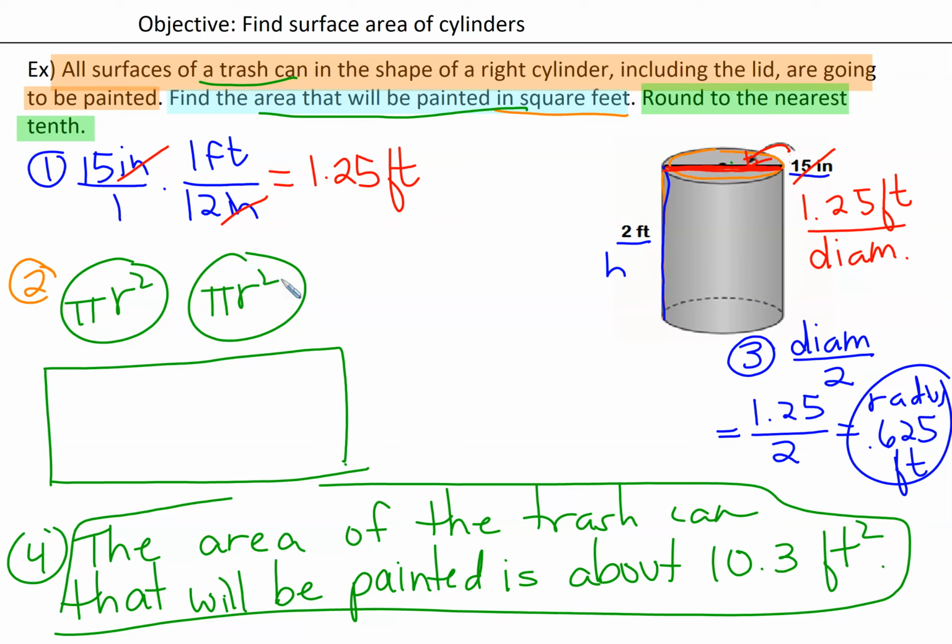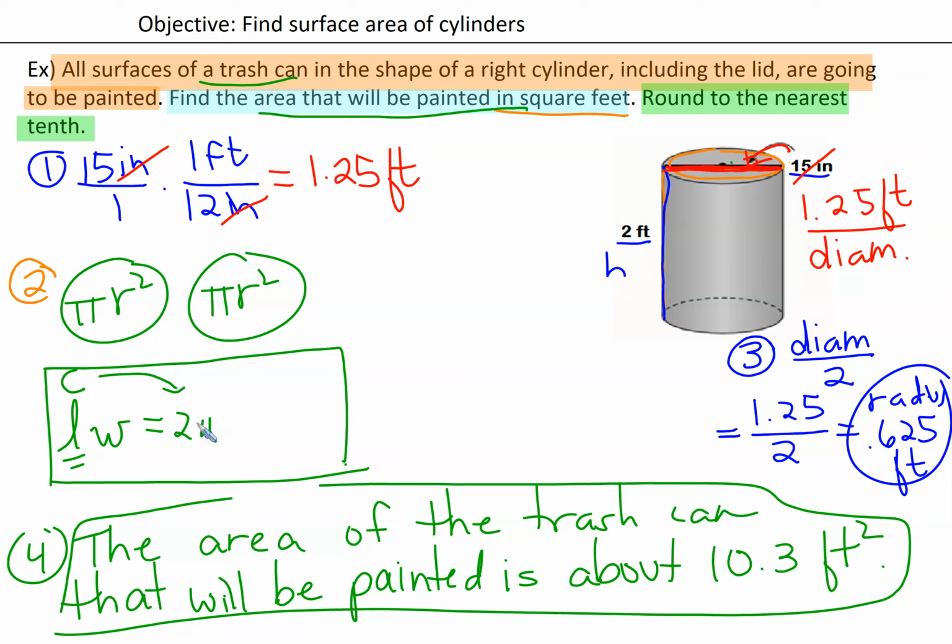And then for the rectangle, more specifically than length times width, you have to remember how that length, or if you call it the width, that's fine too, is calculated, which is the circumference of the circular base. And circumference, C, is 2 pi r.